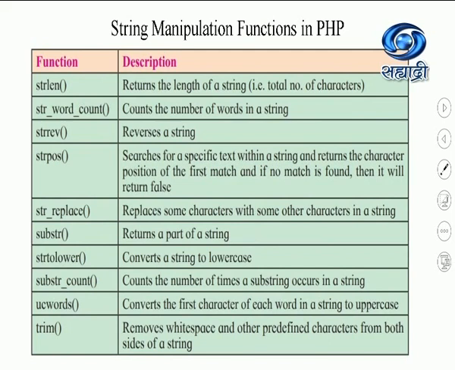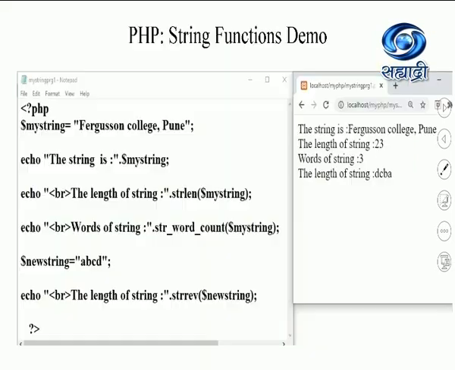Instead of just learning the theory part, let us see how it works actually. So here is the sample program of string functions. In this program I have assigned the variable myString the value Ferguson College Pune. So this is the string initialization for this myString variable.